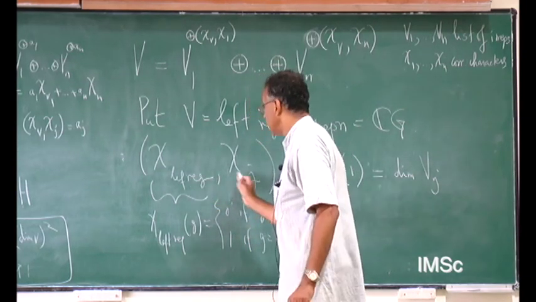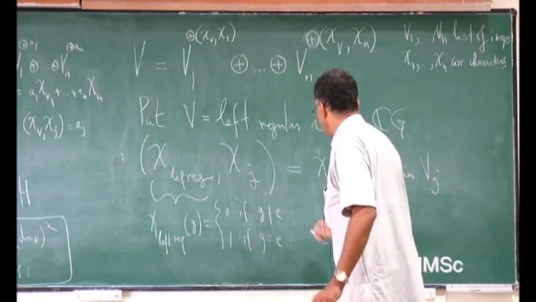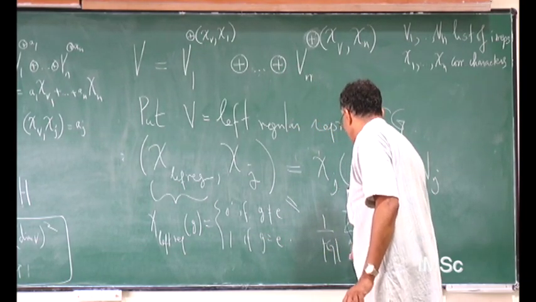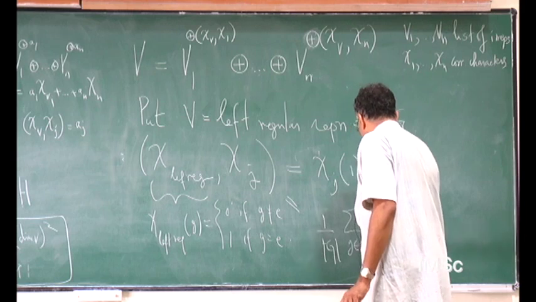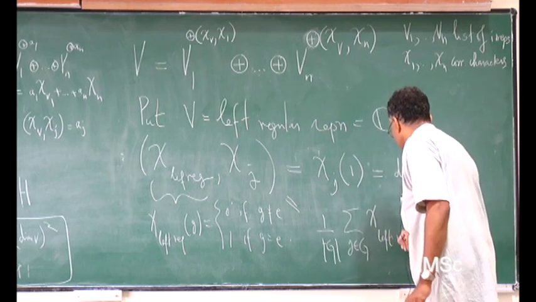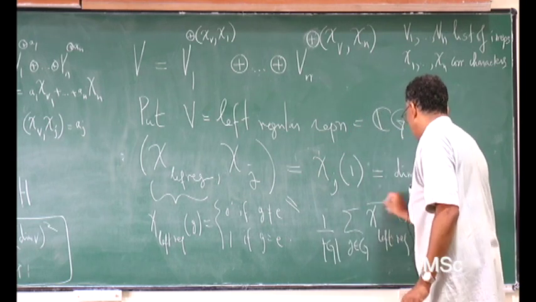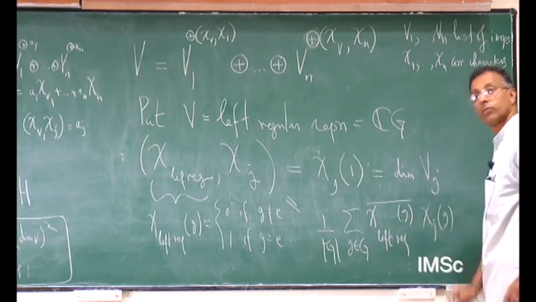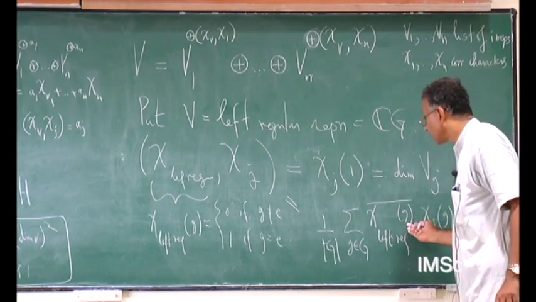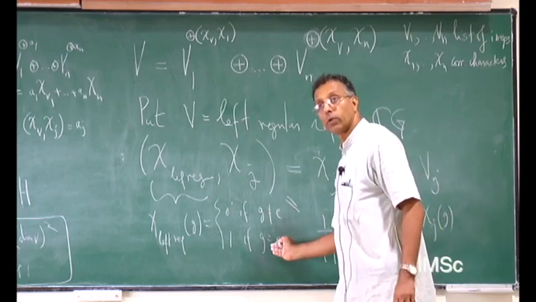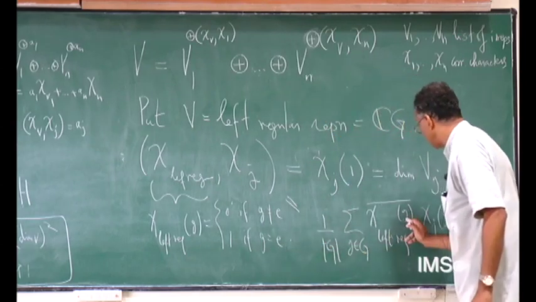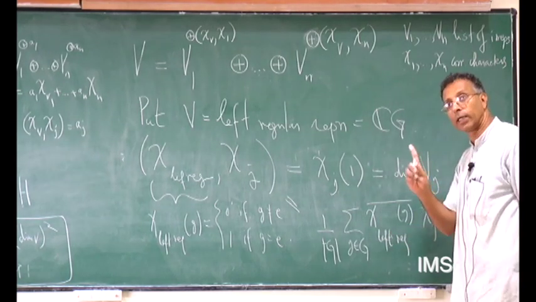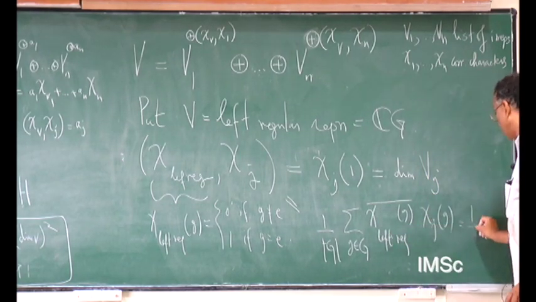Now use the definition of this. By definition it is 1 over |G|, sum over G in the group, chi left reg of G times the conjugate of chi J of G. But this is 0 except when G equals identity. So the rest of the sum is always 0 and there is only one term.